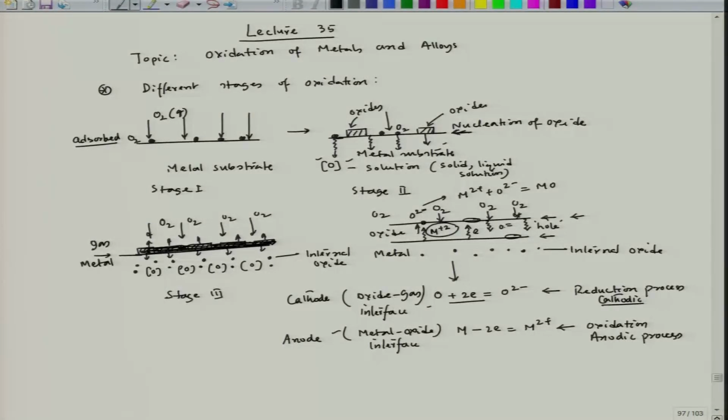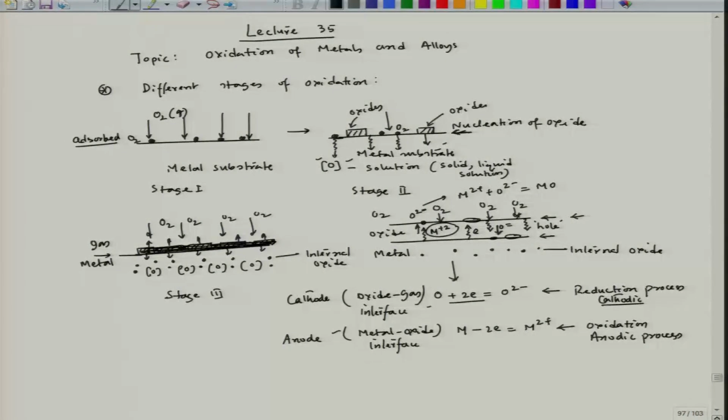Now, if oxygen ion diffusion through that oxide is faster than metal ion diffusion, then this oxygen ion comes over this surface before M2 plus goes to the other surface, that means the oxide-oxygen surface.